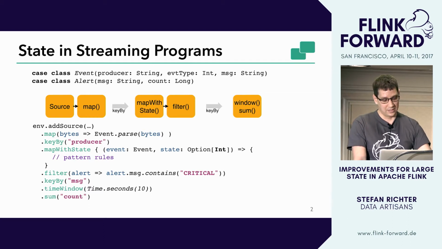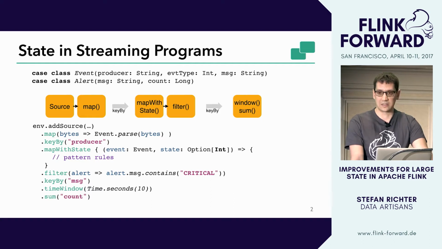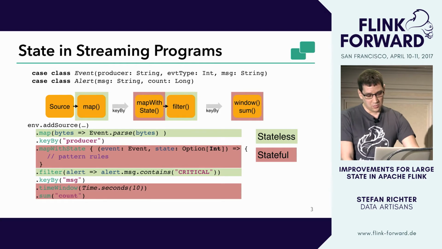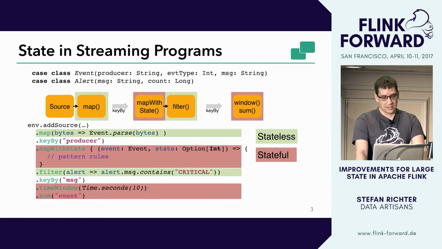Then the alerts get filtered, and we want to filter for all critical alerts and count in a window how many times we see a certain alert message. So in this small program, we see stateless operators and stateful operators. For example, obviously the state machine is a stateful operator, and also the window is a stateful operator.